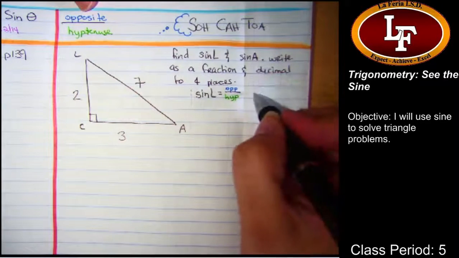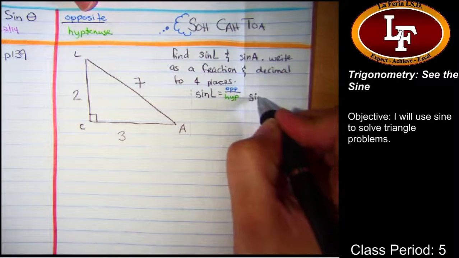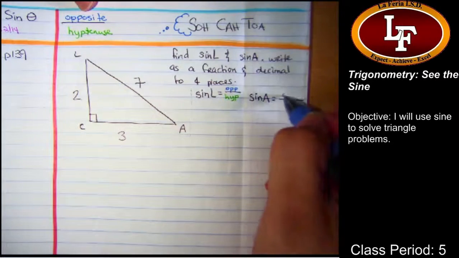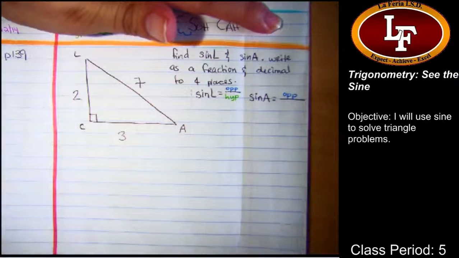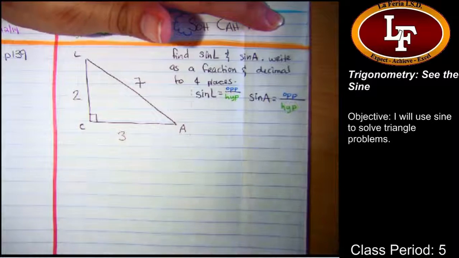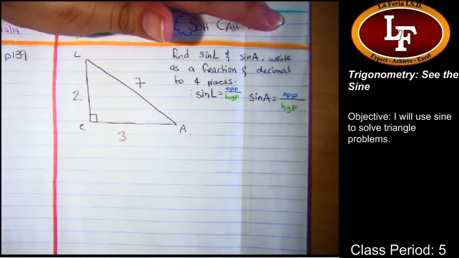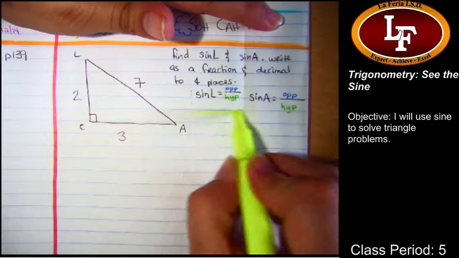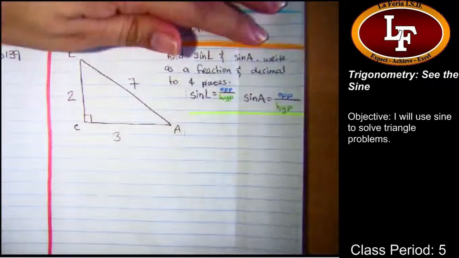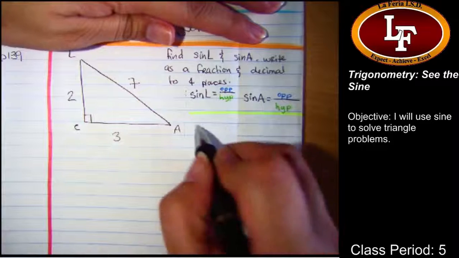So set up the sine of A over here in a similar fashion. Notice how I'm abbreviating the name of the sides right now. You can take your highlighter and highlight under it so that way you can see.